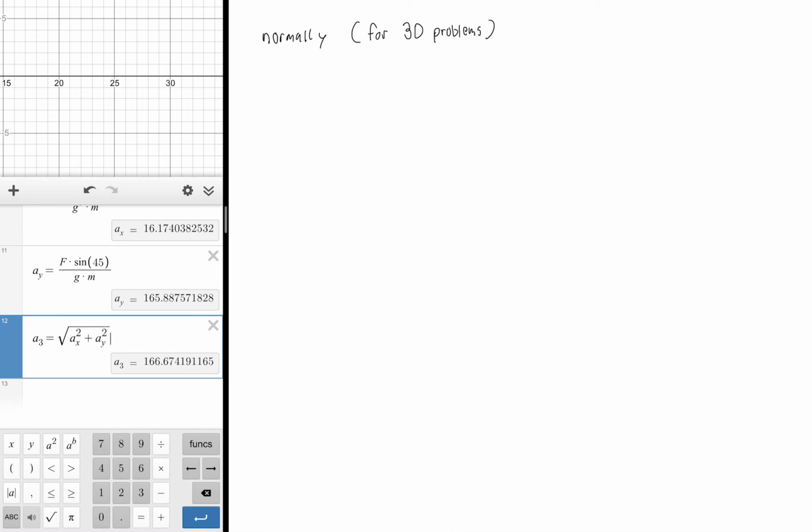We use the definition of the dot product to find an angle between two vectors.